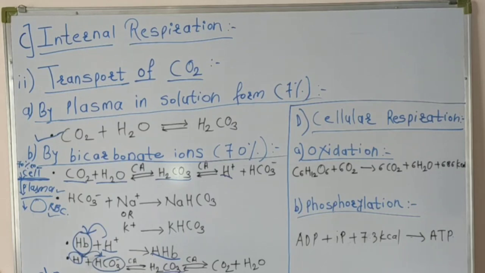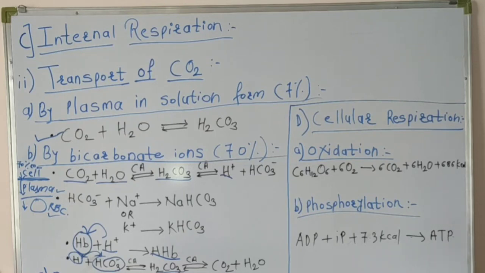Today we have seen internal respiration and cellular respiration. In internal respiration, there are two types of transport: transport of carbon dioxide and transport of oxygen. In the transport of carbon dioxide, there are three forms: by plasma, by bicarbonate ions and by RBCs.